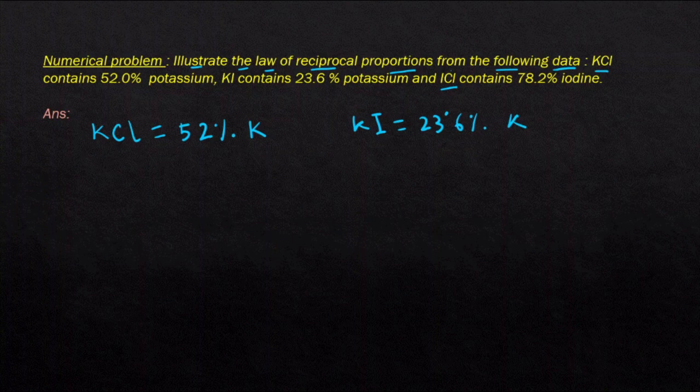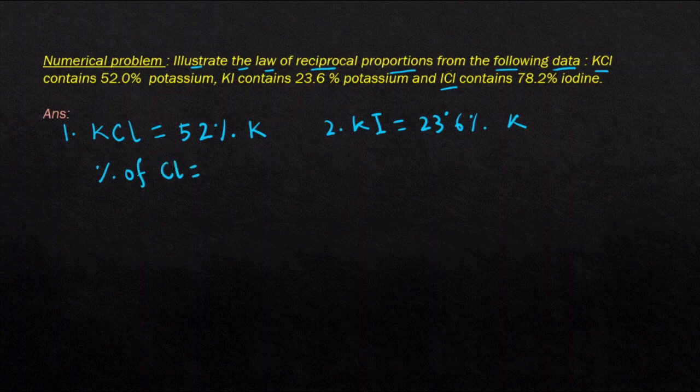So here for the first compound KCl, as the percentage of potassium is shown as 52, let's find out the percentage of chlorine for this compound.